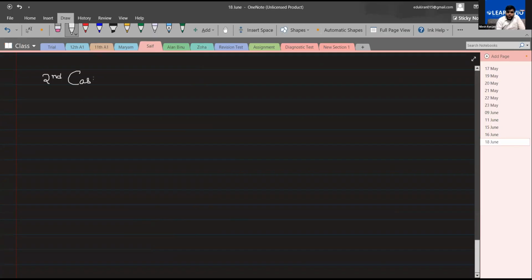Now the actual solution of this question, the second case. In this case, working note number 1 is for net balance, net balance of profit or loss.